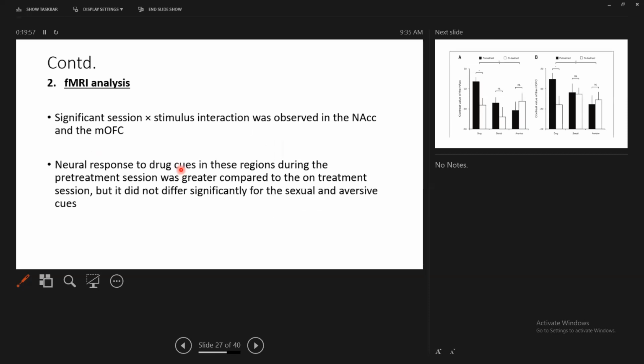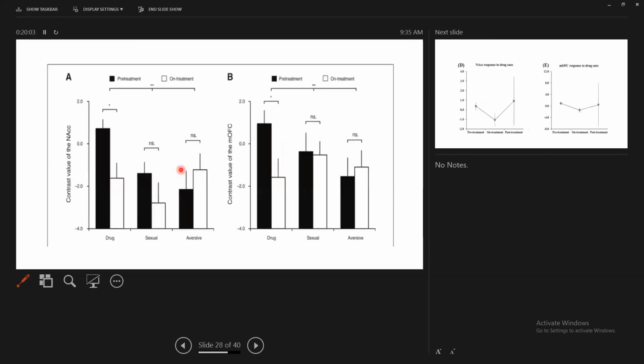Now coming to the fMRI analysis. I will show you this graph. If you come to the fMRI analysis, this is the pre-treatment and on-treatment. Pre-treatment is the black one and on-treatment, meaning with XNRTX, is this.